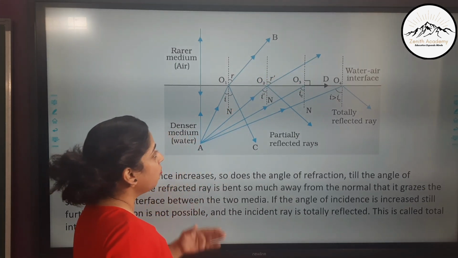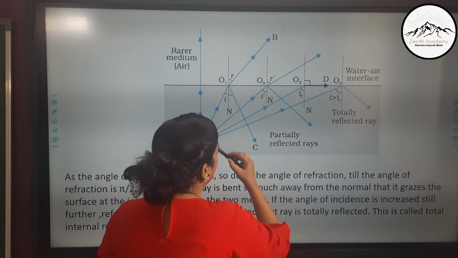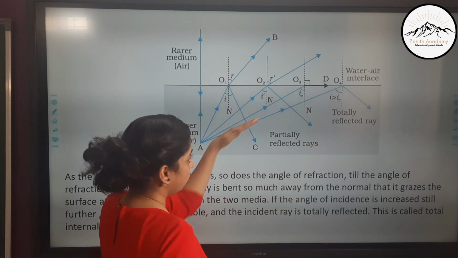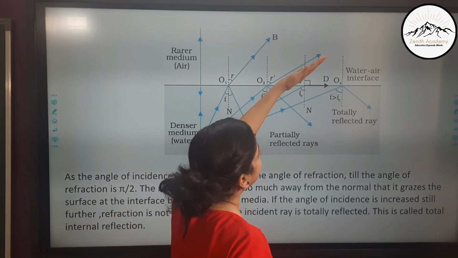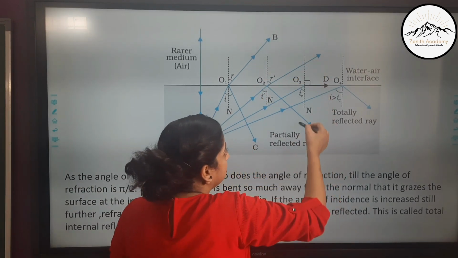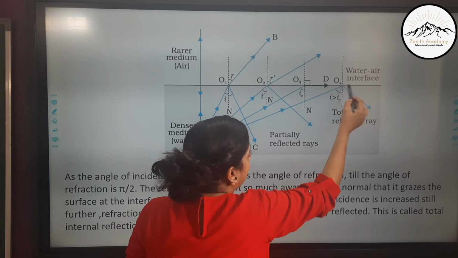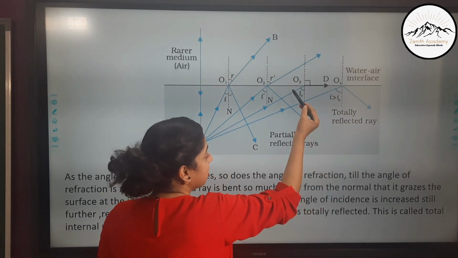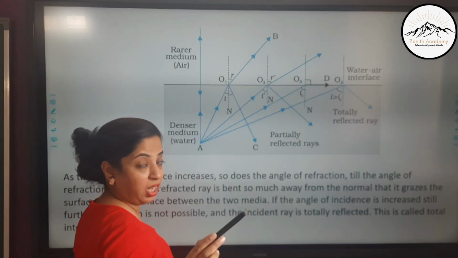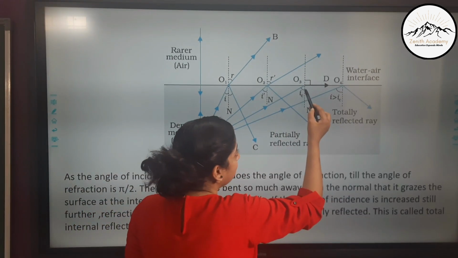Now if I keep on increasing, the angle of incidence is so much increased that the refracted ray becomes normal to this surface, that is, it comes on the interface. Here this incident angle is called the critical angle. So what is the critical angle?